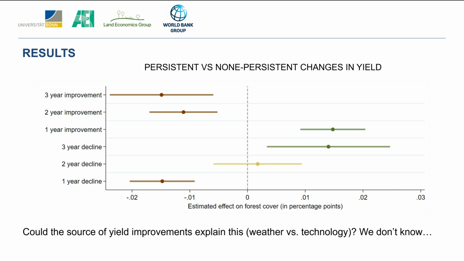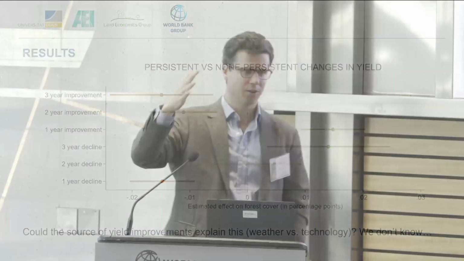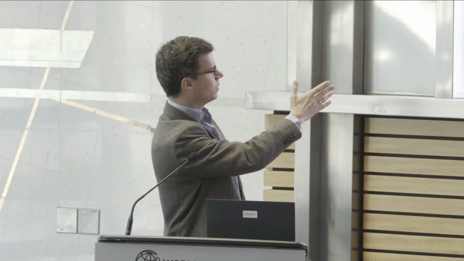So a 3-year decline leads to forest gain or a reduction in loss. A 2-year decline is insignificant. A 1-year decline, so this would be your drought shock, your negative weather, those things, that leads to a forest cover loss.